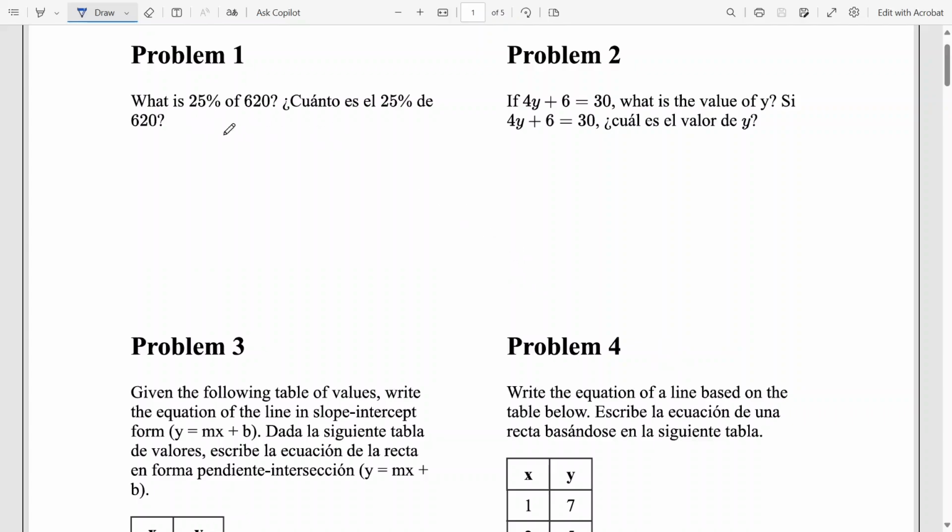So problem one, what is 25% of 620? So what I'm going to do is write 25% as a decimal, and I'm going to do that by moving the decimal point 2 places to the left. So I'm going to do 0.25 times 620.